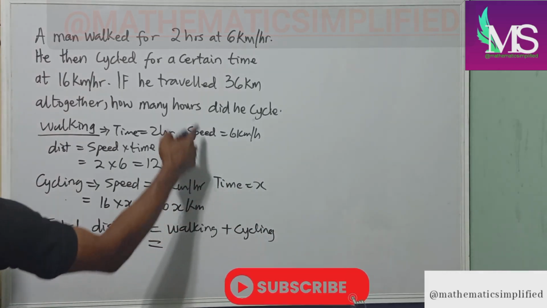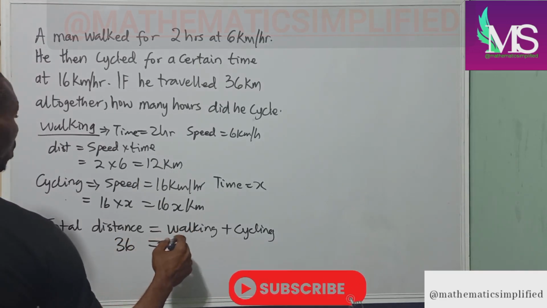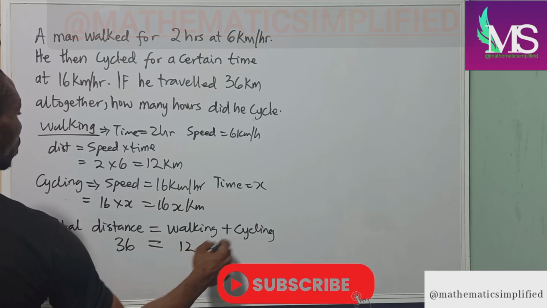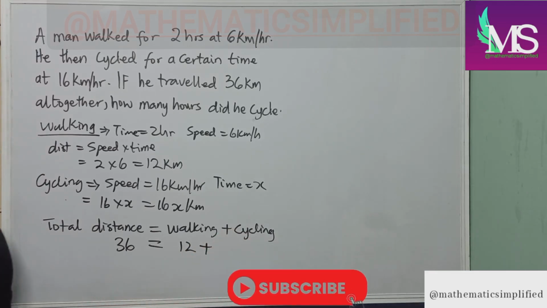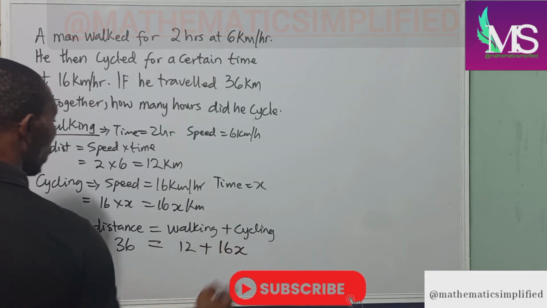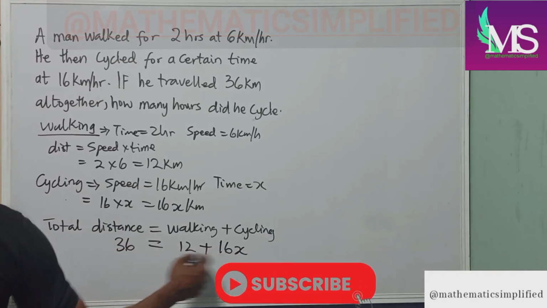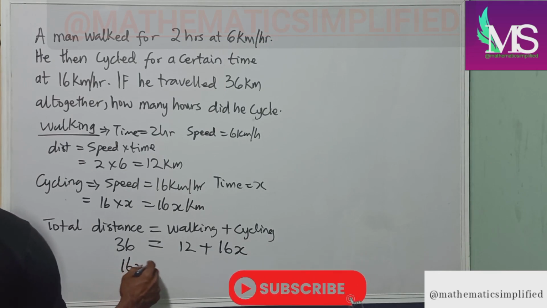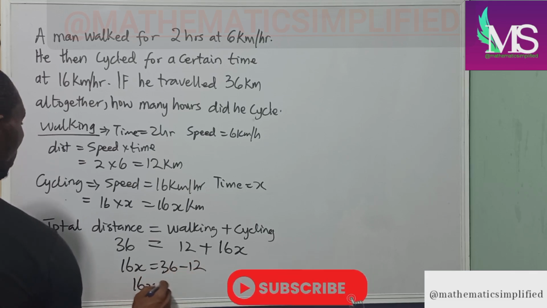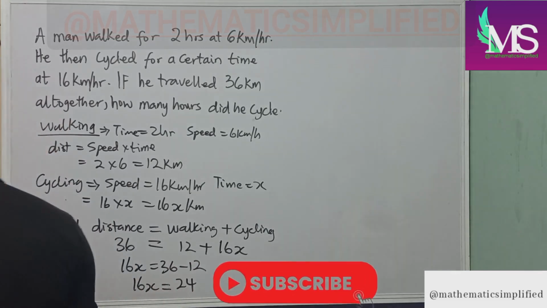So our total distance is given as 36 equals walking, which is 12 kilometers, plus cycling, which is 16x. So from here we can deduce that separating them, this becomes 16x equals 36 minus 12. So our 16x equals 24.